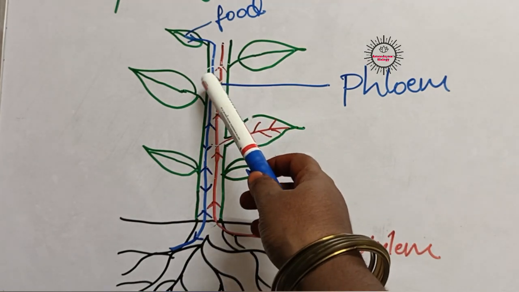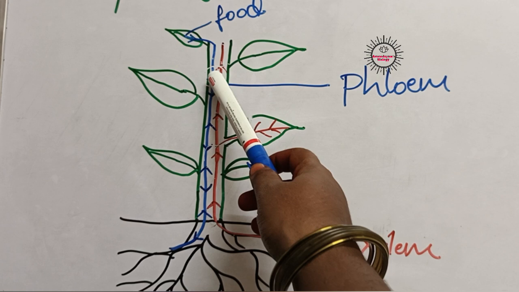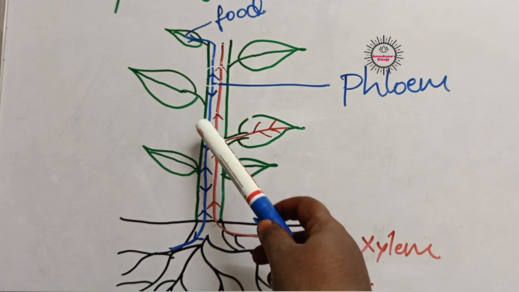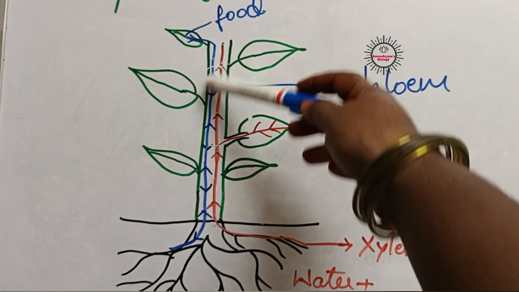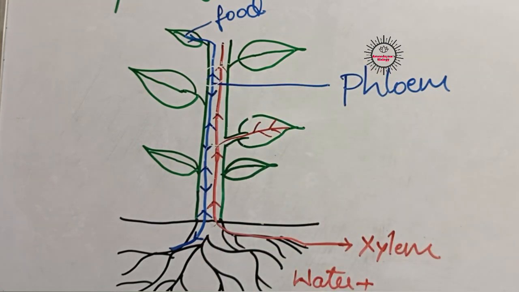Here the osmotic pressure is more now, so from here the food material will move to the lower osmotic pressure area. This is how the food material translocates in the phloem, particularly to the areas of the plant where energy is needed more.